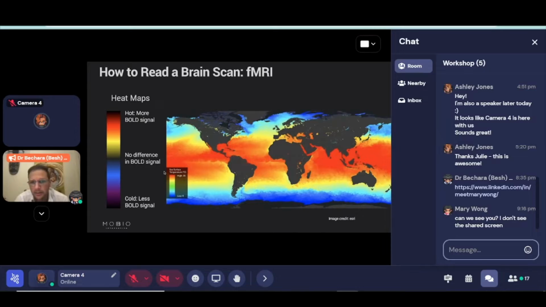And the heat map itself can be chosen from a variety of different colors. So already you see the heat map that I've chosen here with the bold signals on the far left is actually slightly different from the heat map that's shown in the temperatures of the oceans on Earth.